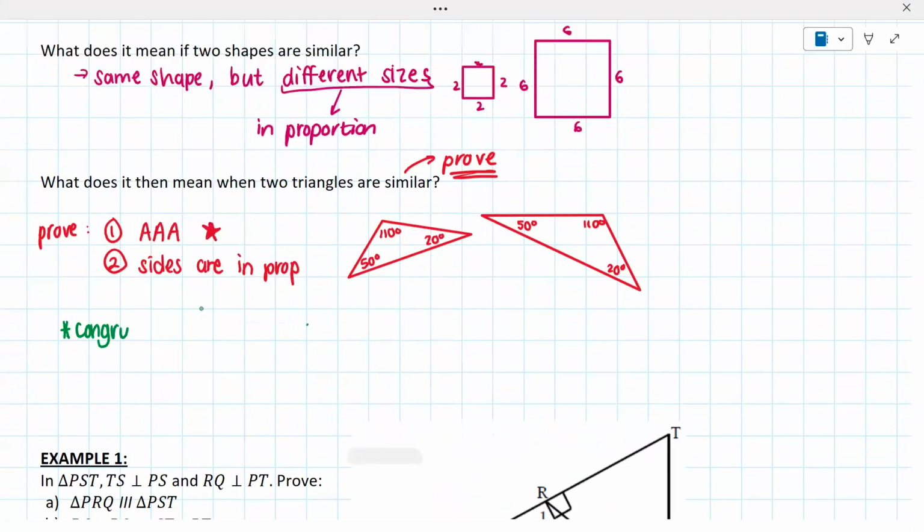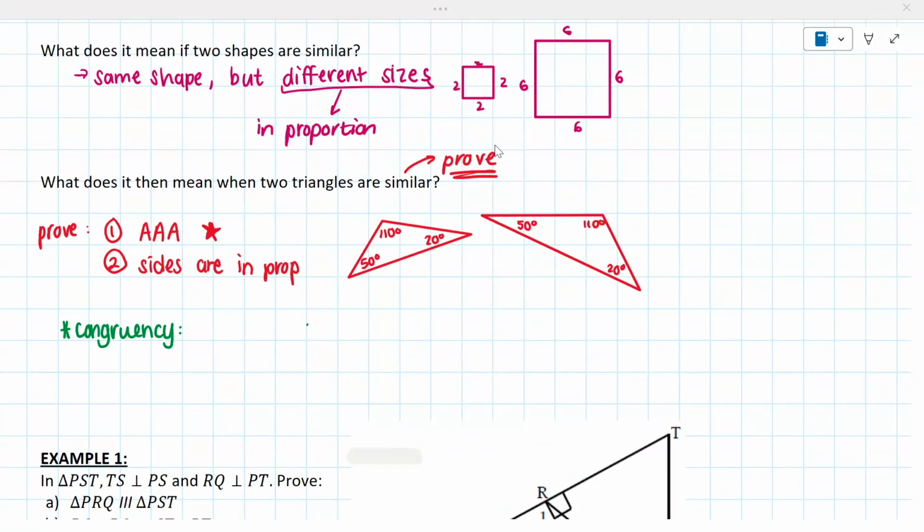Can anyone tell me what congruency is? Anyone?